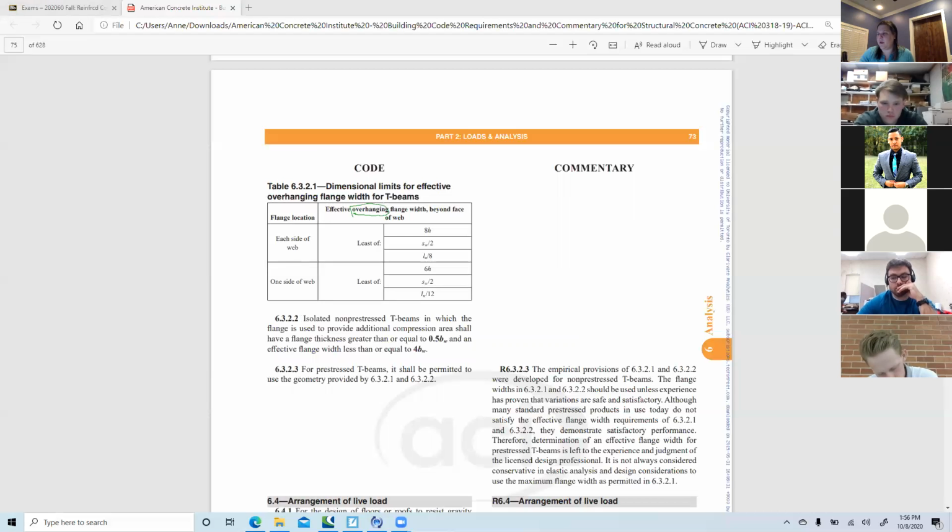On each side of the web, we get to add the smaller of these to each side.